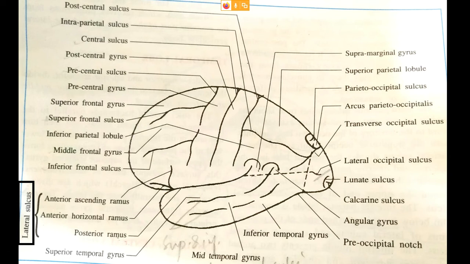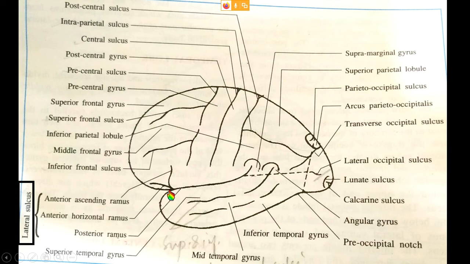Then what happens to the posterior ramus? Now we have seen the anterior horizontal ramus and anterior ascending ramus. Then what happens to the posterior ramus and the stem? We will see now. It is occupied in the recent state by the posterior margin of the lesser wing of the sphenoid bone along with the sphenoparietal sinus, venous sinus.